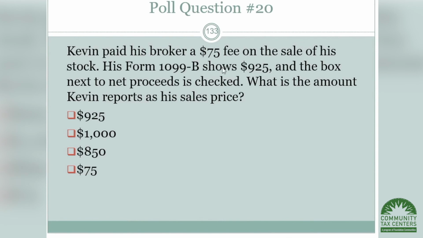Wait, it says the net proceeds was $925, so that is already discounting the $75 fees. So it would be $925. That's a trick question.